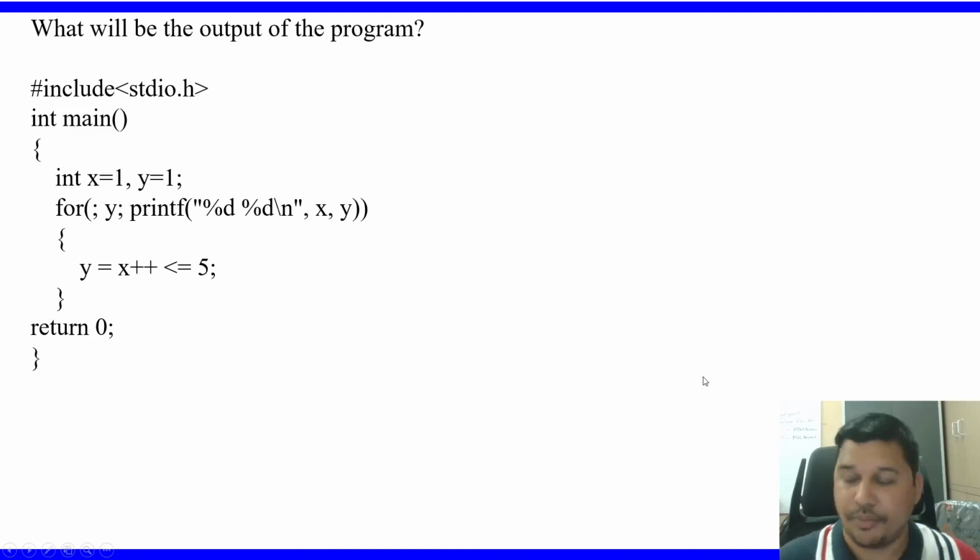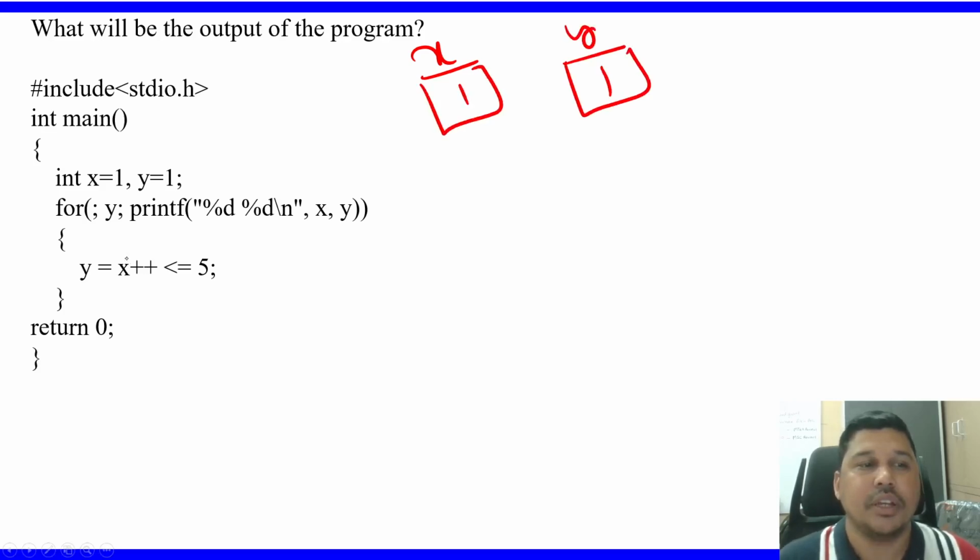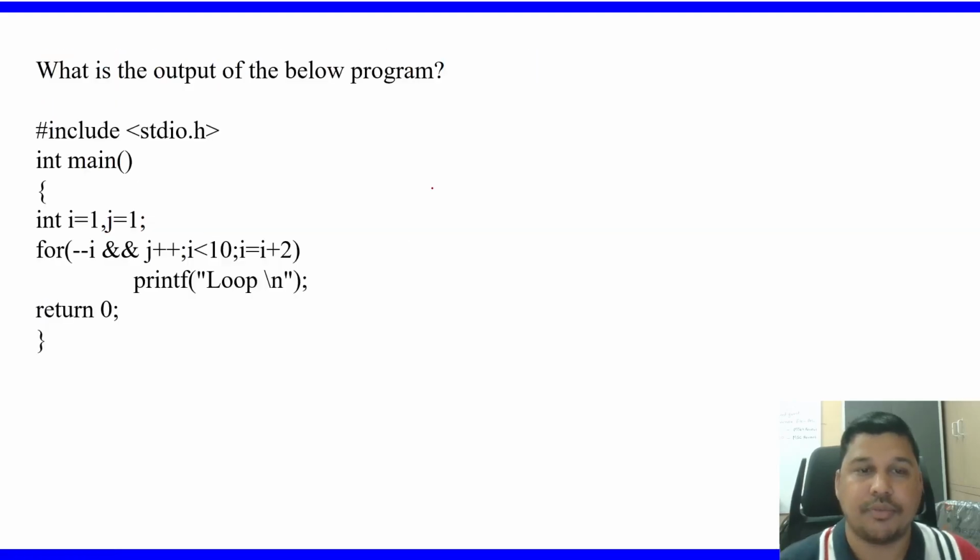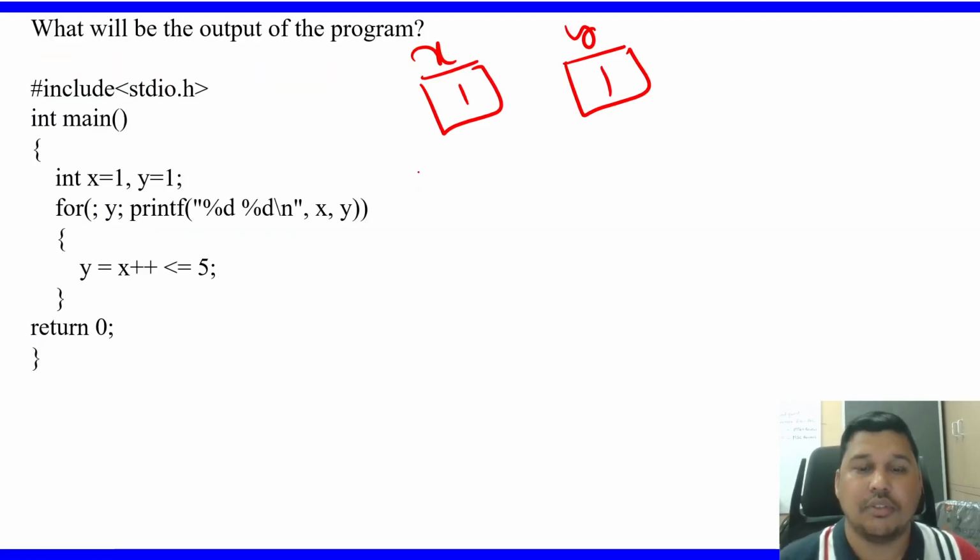The first question, I will try to explain this question. What is the output of the program given x and y are equal to 1? So I will take x as 1 and y as 1. In the for loop, generally we have initialization, but there is no initialization, so it's empty.